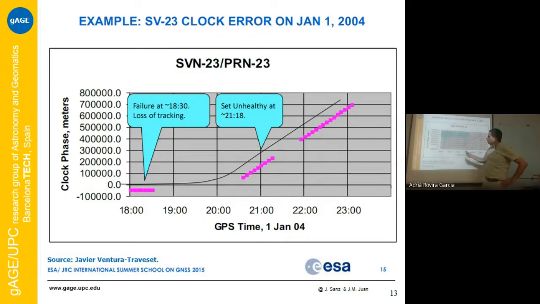This means that for 2 hours 45 minutes, every receiver that was tracking this satellite was not aware of this satellite having this problem. And this poses a very big risk, especially when you are flying low, when you are approaching a runway at the airport.